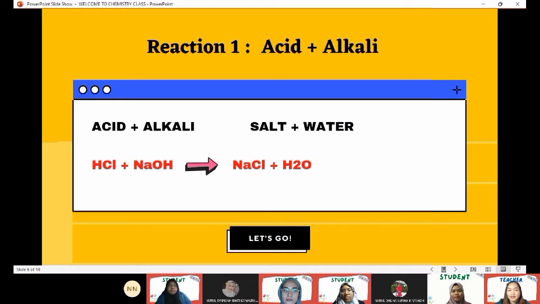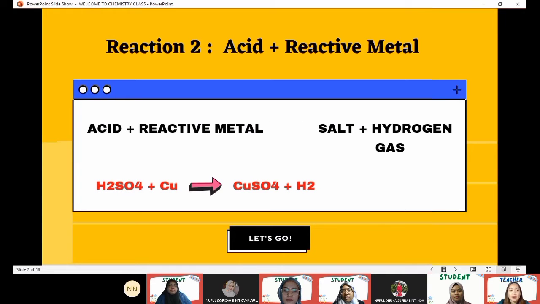Right. For the second property, we can see it from the acid reacting with reactive metal. For example, reactive metals such as copper, aluminium, magnesium, zinc. When acid reacts with reactive metal, it will produce salt and hydrogen gas. The formula of hydrogen gas is H2.